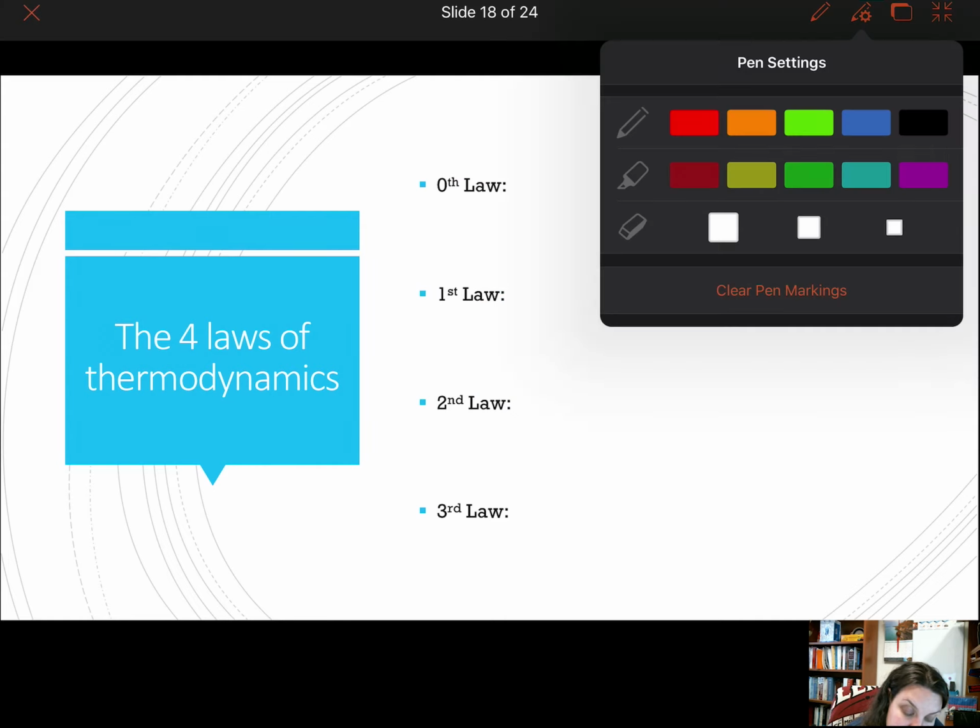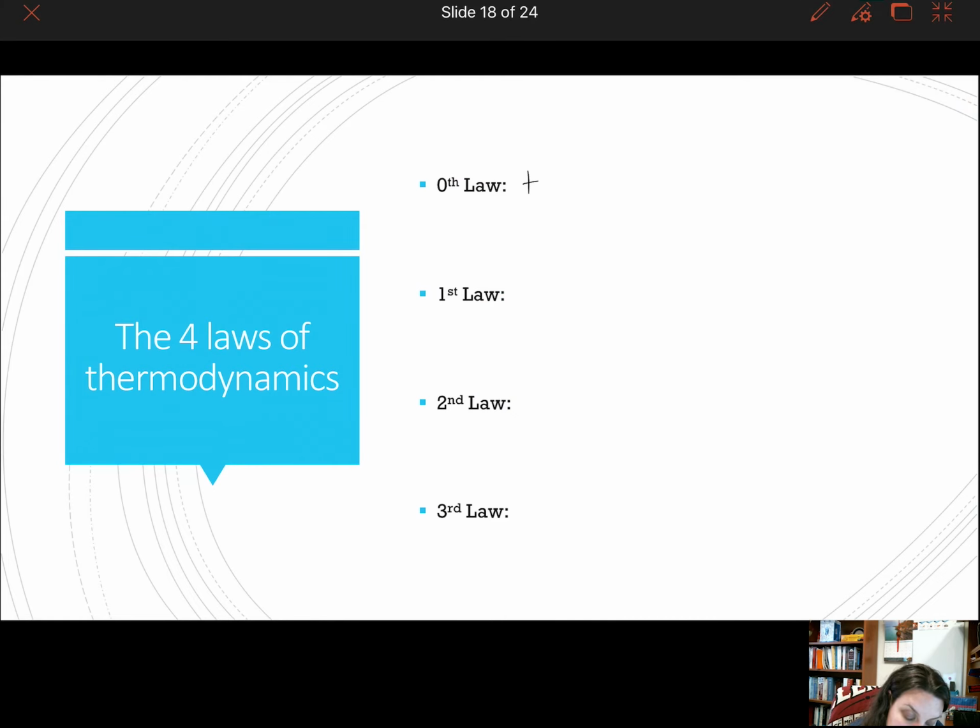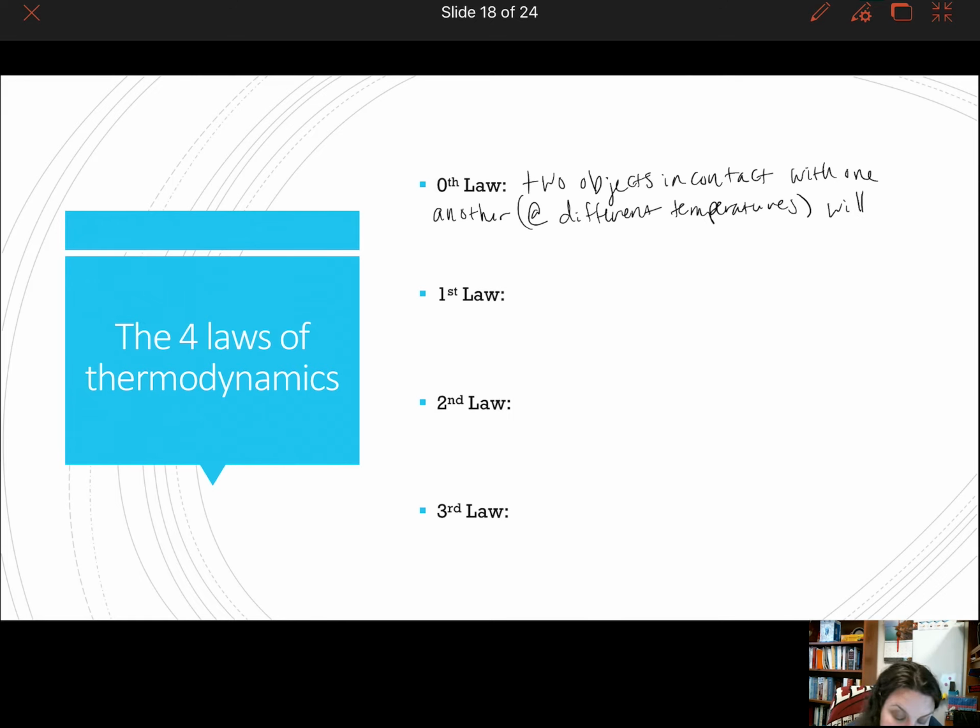So two objects in contact with one another at different temperatures will equilibrate to the same temperature. We call this thermal equilibrium.